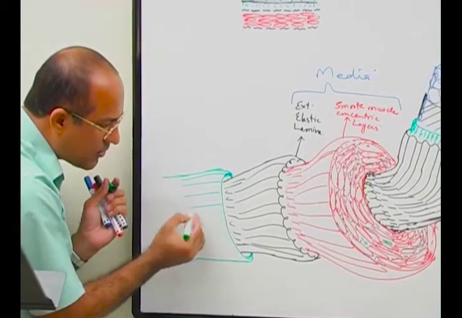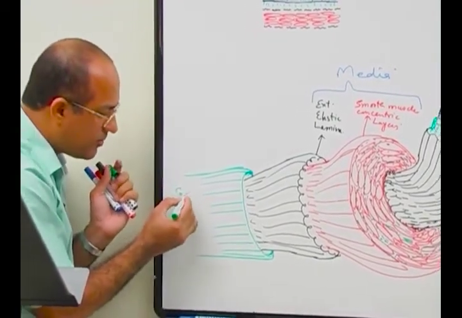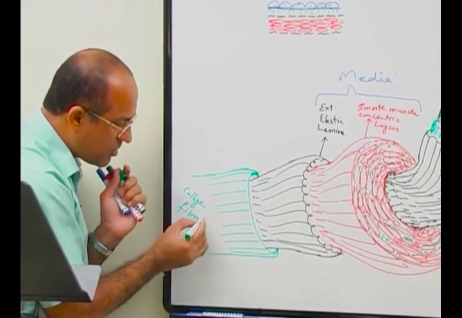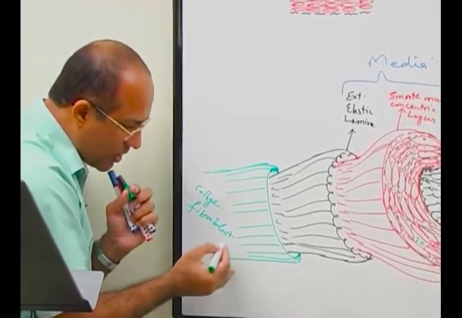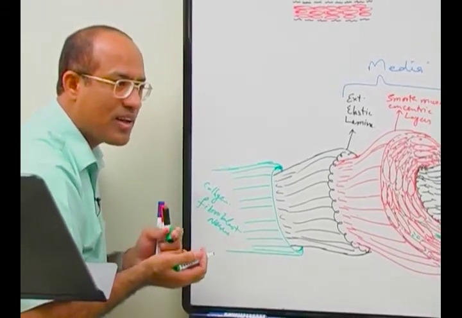And in this layer of connective tissue, there is a lot of collagen, a lot of fibroblasts, fibrocytes. There are nerves, small nerves which supply the artery.